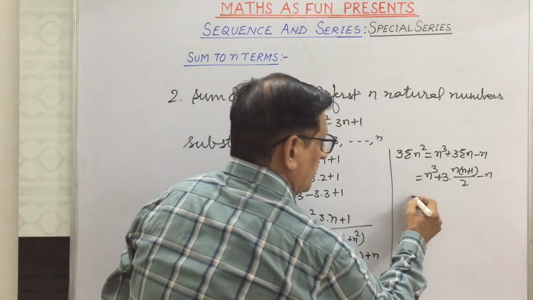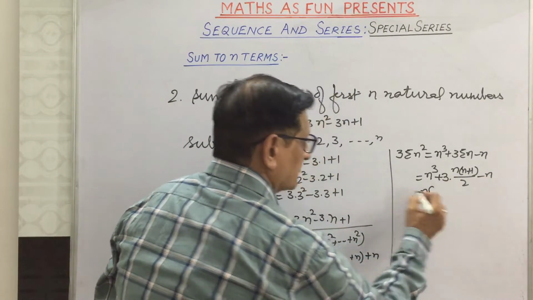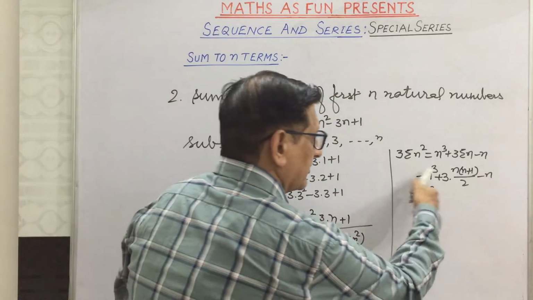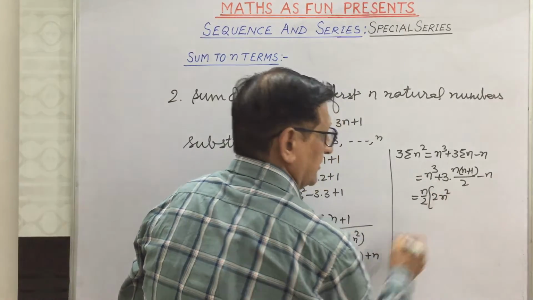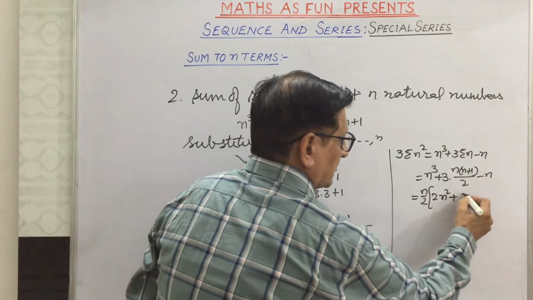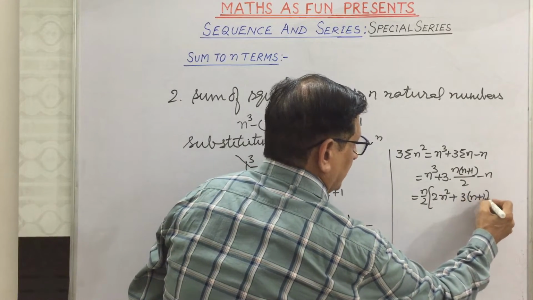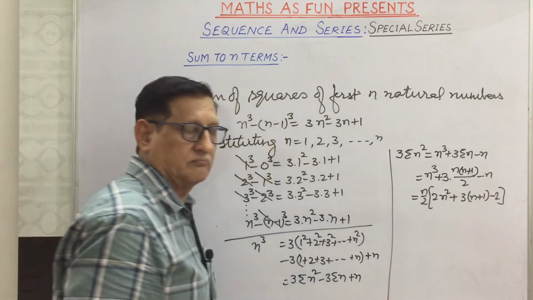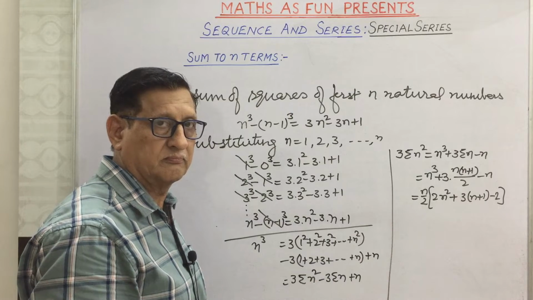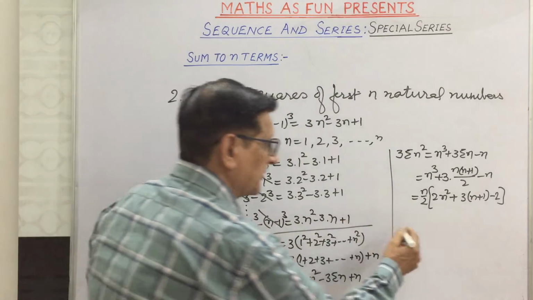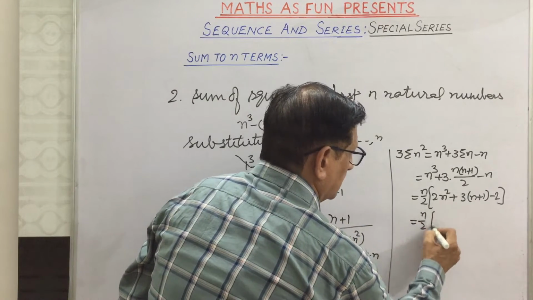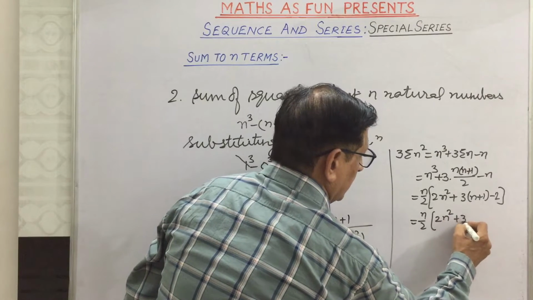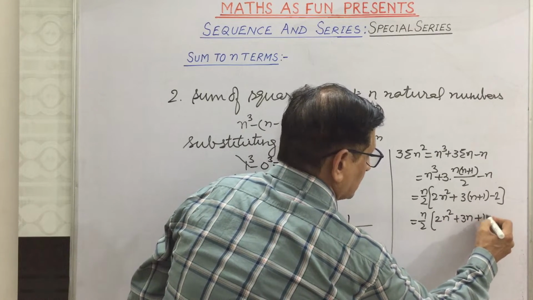If we take n common and 2 as LCM, this will be n by 2 and here it will become 2n square plus 3 into n plus 1 minus 2. When we simplify this, it is n by 2 into 2n square plus 3n plus 1.